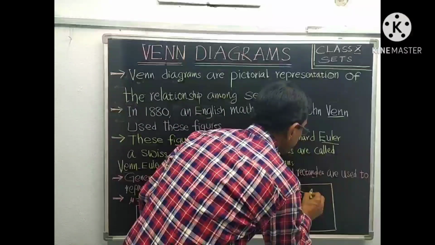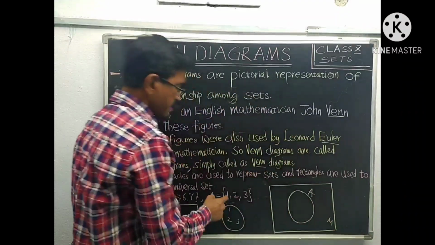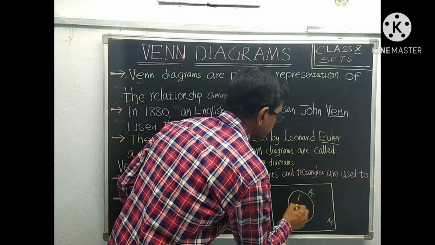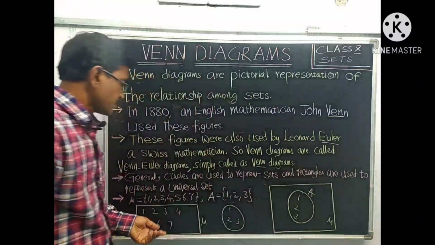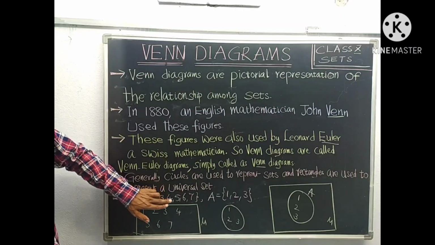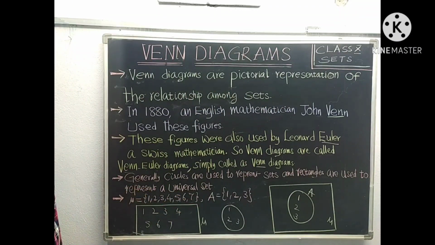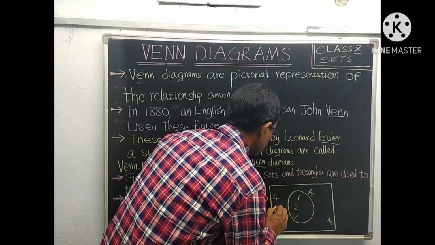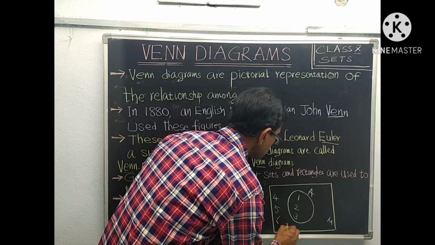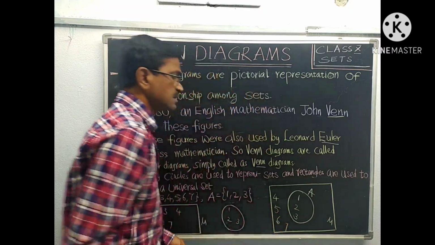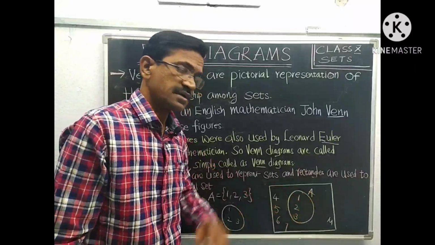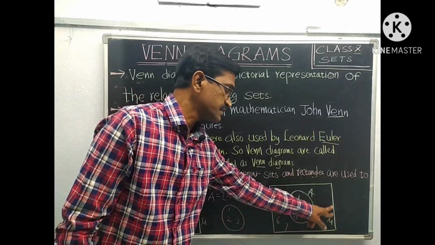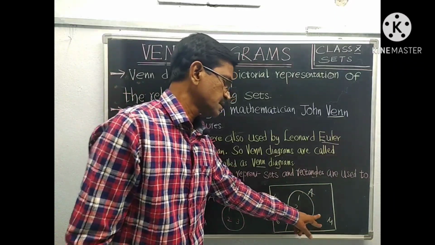So write here A and write here μ. Write 1, 2, 3 in the set A, and except 1, 2, 3, the elements 4, 5, 6, 7 are there. So write 4, 5, 6, 7 outside of the circle because these elements do not belong to this set A. So we have to write them outside of the set.